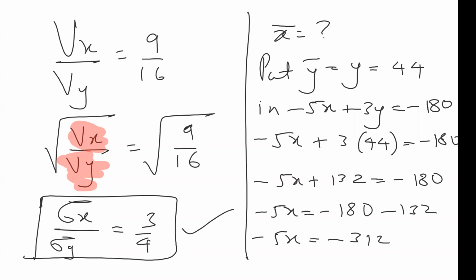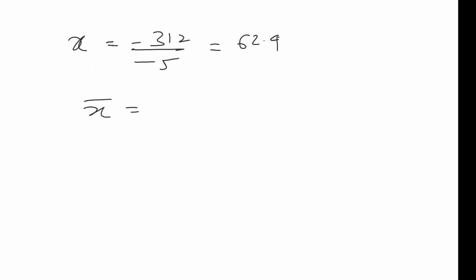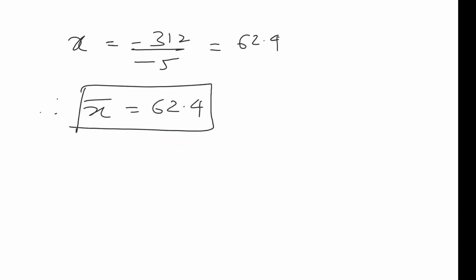Dividing, x is equal to minus 312 upon minus 5, which is 62.4. So x bar is equal to 62.4. We got the first part of the problem.